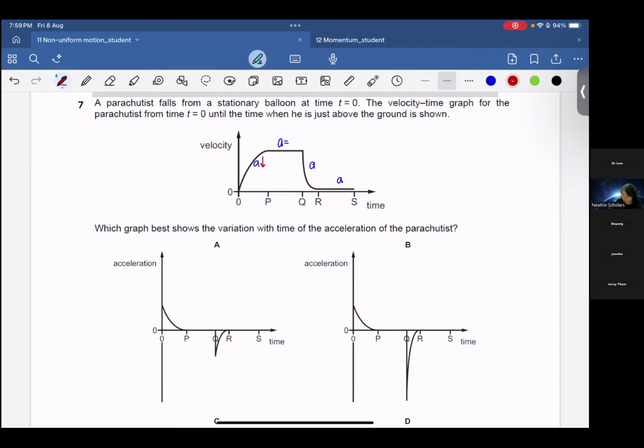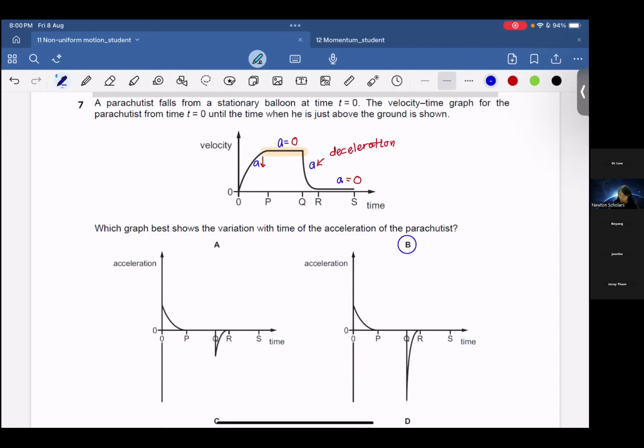Then when we achieve terminal velocity, our acceleration becomes 0 because forces balance. It's constant velocity, balanced. So this one and this one are 0. Then this one, we call it deceleration because speed decreases. So which one is correct? Vito, correct.